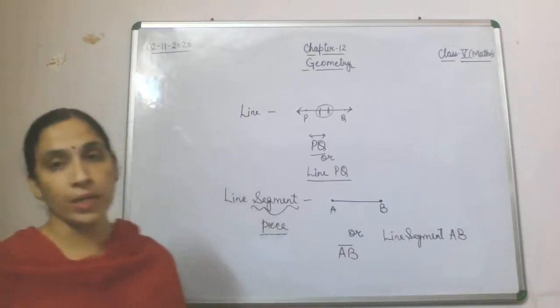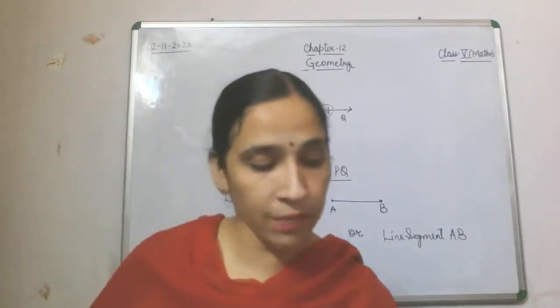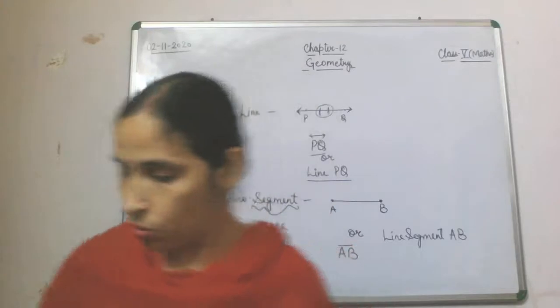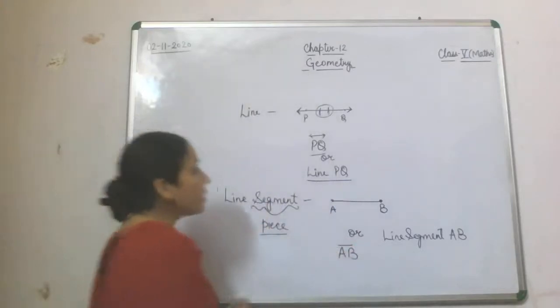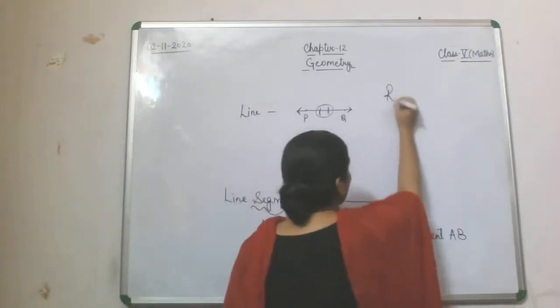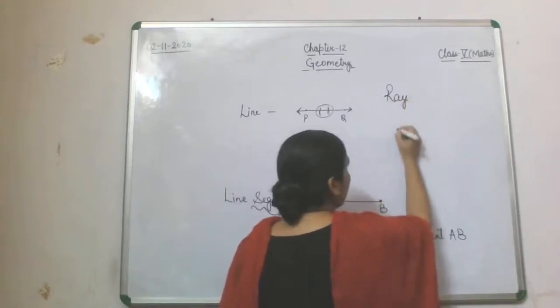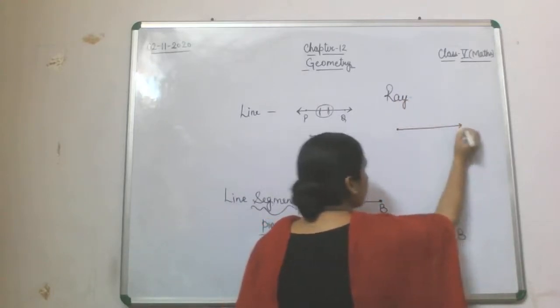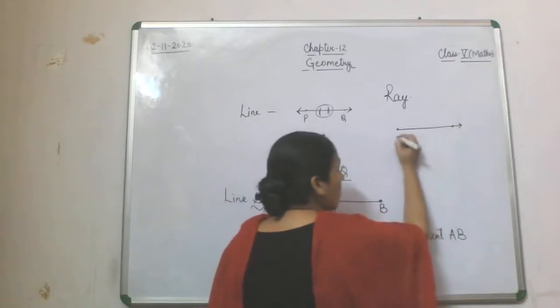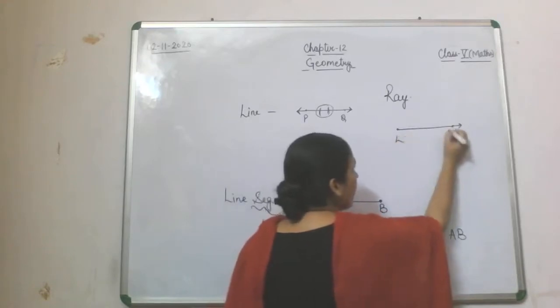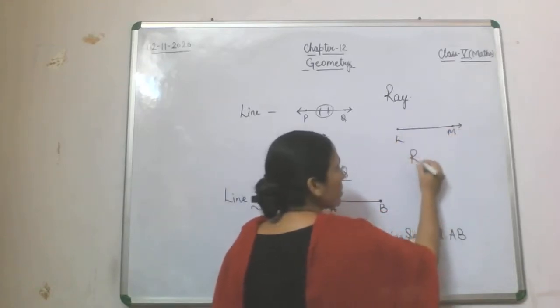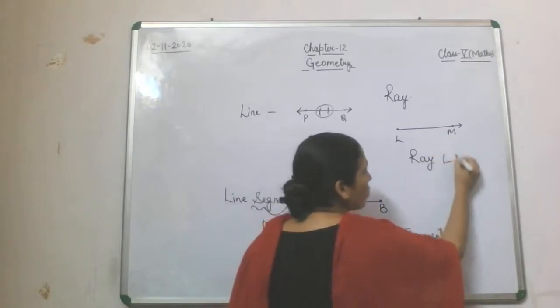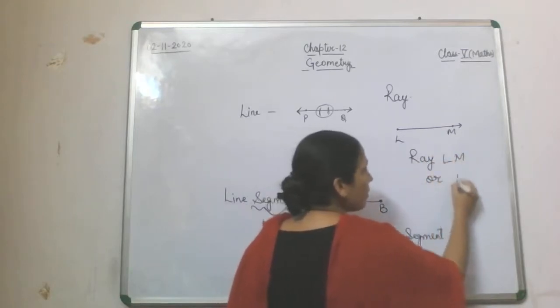Now children, what next do we have? Next we have ray. So how do we represent ray? Ray has one endpoint, but it can be extended from the other side. This is ray LM. So how will we write it in symbol?